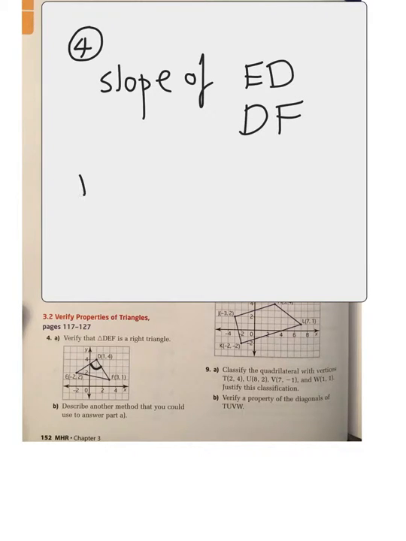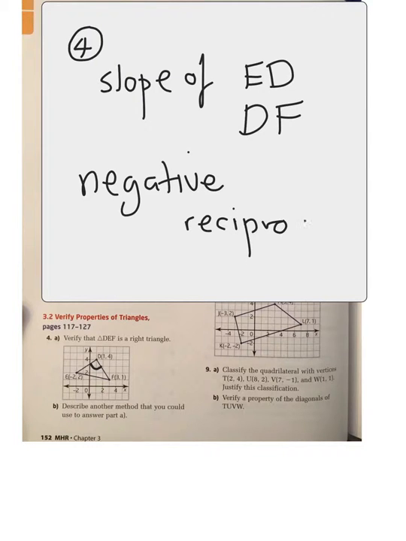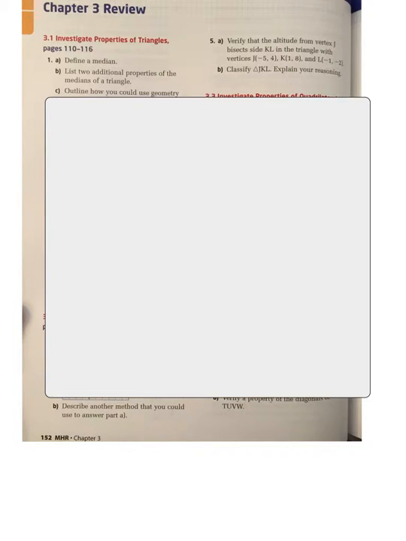And if those 2 slopes are negative reciprocals, then we have a right angle formed, therefore it must be a right triangle. Describe another method, B. Of course, you could find the 3 lengths and use Pythagoras, and you can try that as well. So we've got a diagram here.